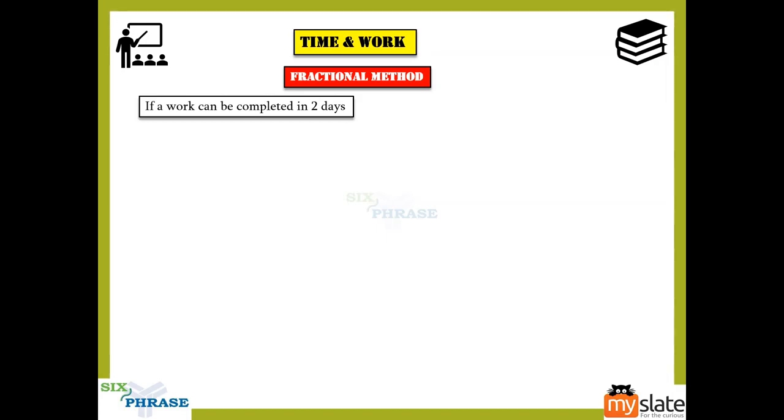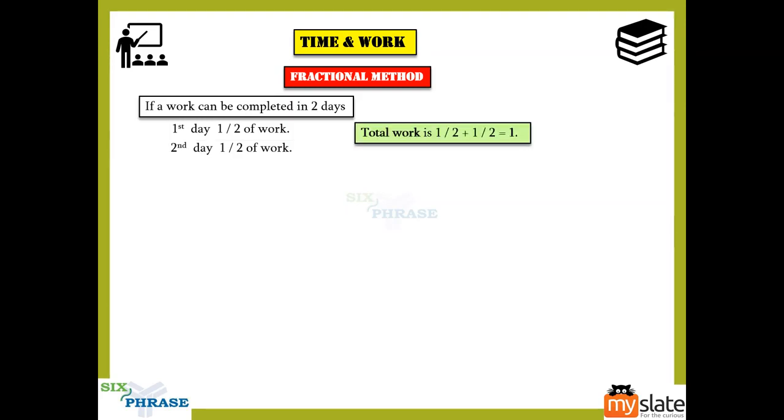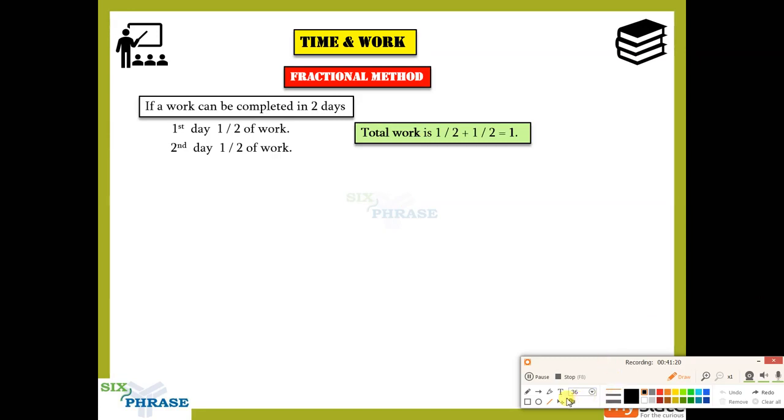So amount of work completed in one day is half of the work. Correct? Yes, first day half of the work. This is amount of work completed in one day. Correct, guys? Yes. What is the amount of work completed in the second day? Half of the work. So half plus half will give you what? 1. So in fractional method, you have to understand that the total work is always 1.